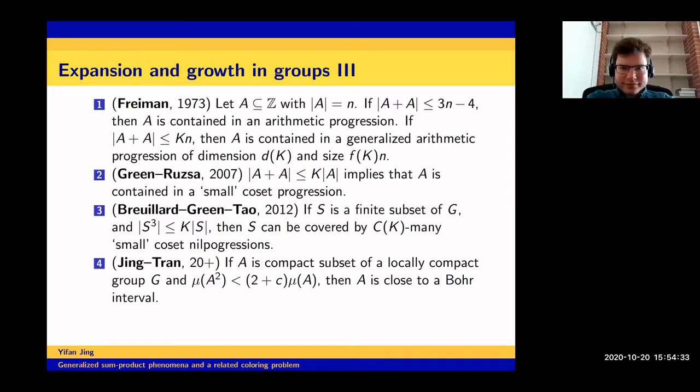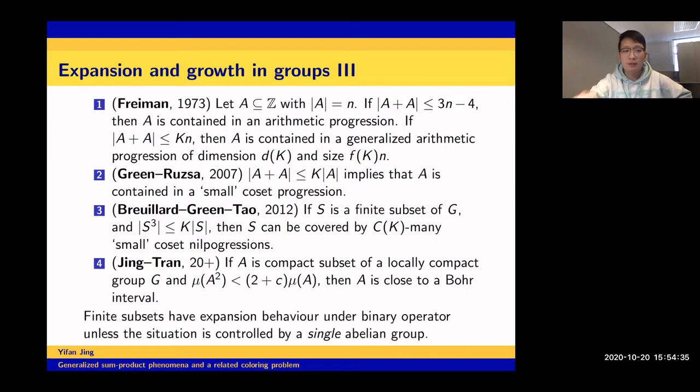Okay, and all of those examples tell us some interesting phenomenon: a finite subset expands under some binary operation. So basically, A plus A or A times A should be large, unless the situation is controlled by a single abelian group. So in an abelian setting, A should have some internal additive structure like an arithmetic progression. And in a non-abelian setting, A should be controlled by some abelian group.